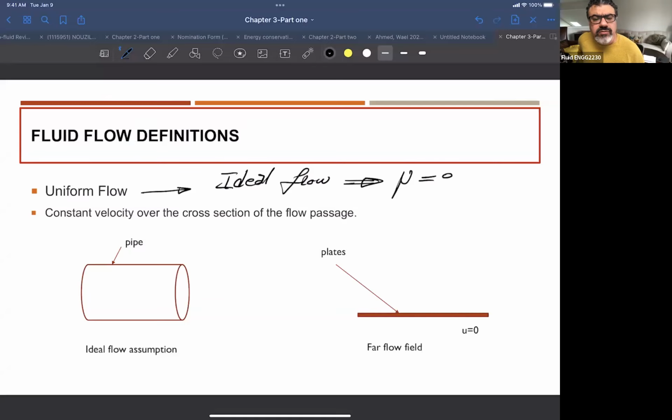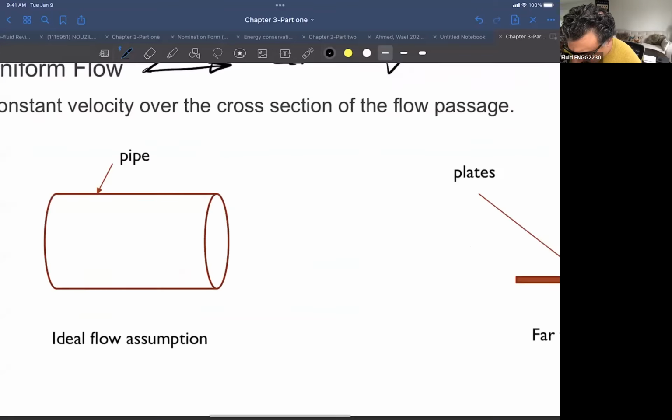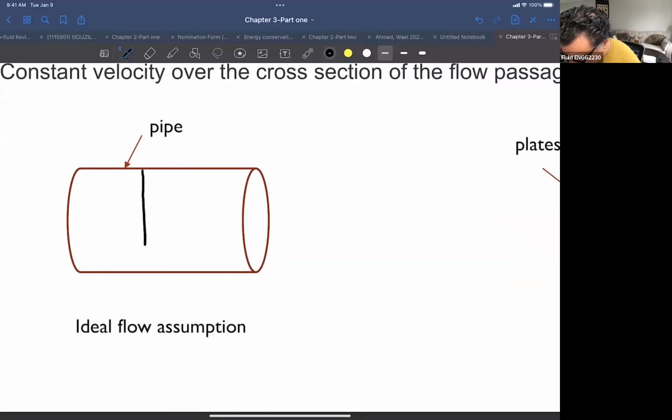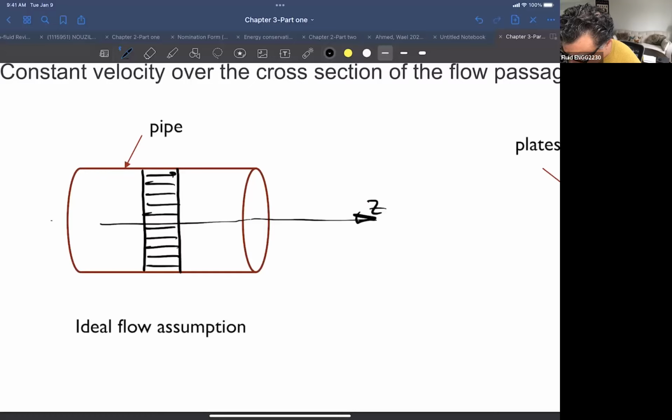But you will hear something called uniform flow. If we have an ideal flow, that is an assumption we use in order to analyze a problem. The ideal fluid assumption here is basically looking at the velocity distribution in the pipe like this, and you will see the velocity is constant.